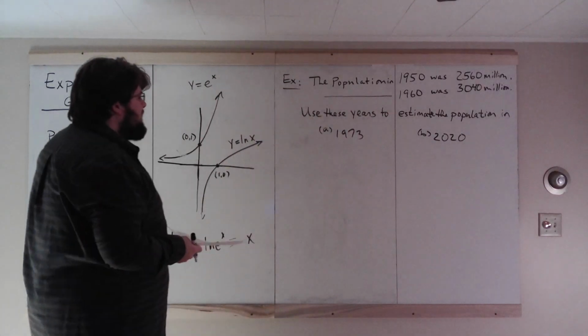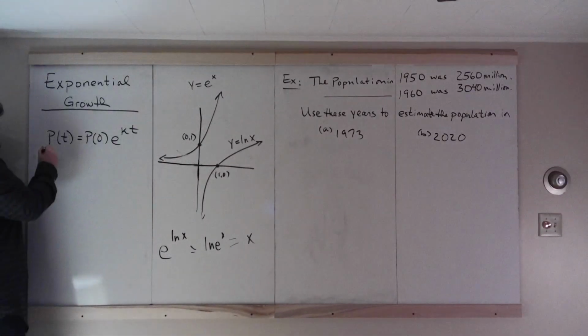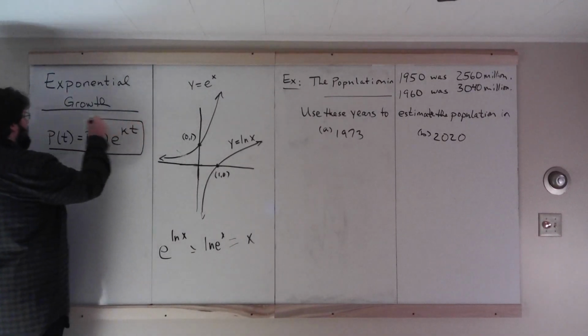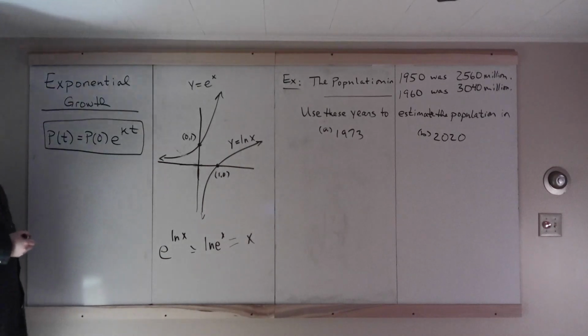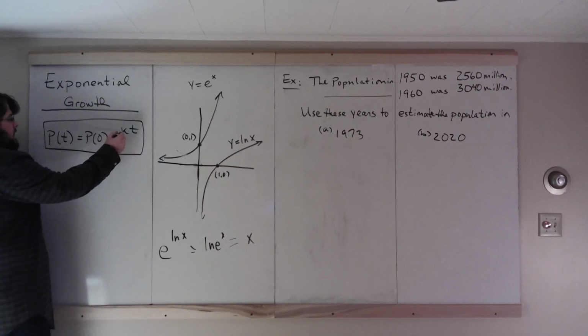We'll use these years to estimate the population. Our first goal is going to be to find an equation like this. And to do that, we're going to use the years 1950 and 1960 to find our constant k.